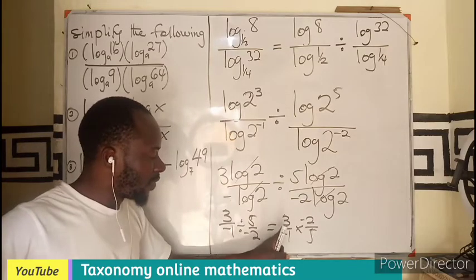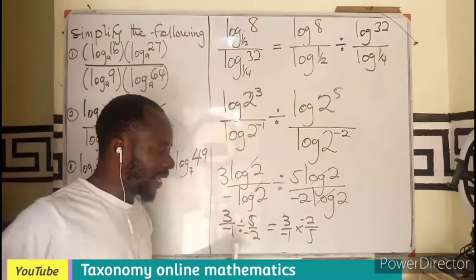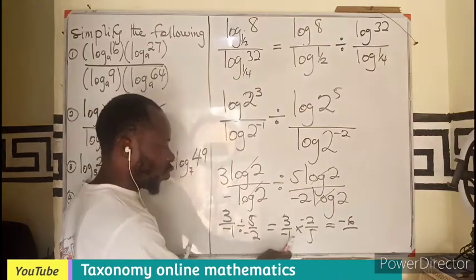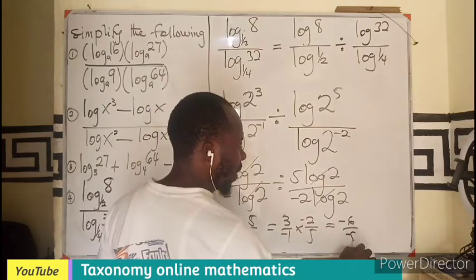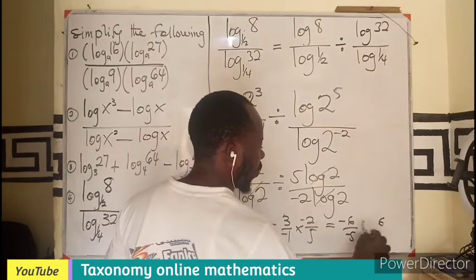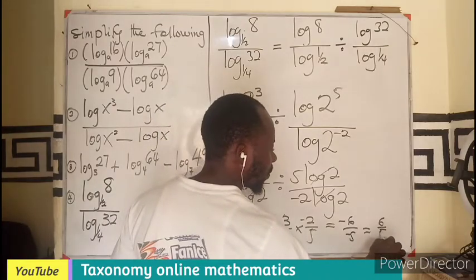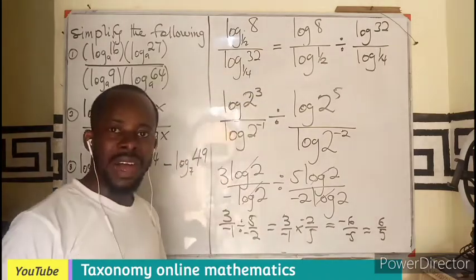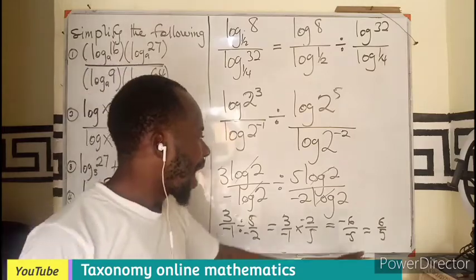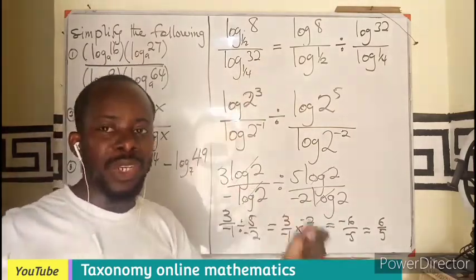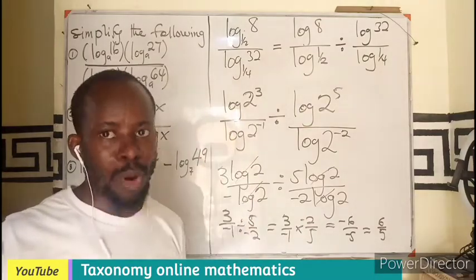So in this case, minus 2 times 3 will give me minus 6 over minus 1 times 5, minus 5. If you multiply through by a negative, the negatives can cancel, so I'll be left with 6 over 5 as the answer if you are to simplify this using the change of base property.